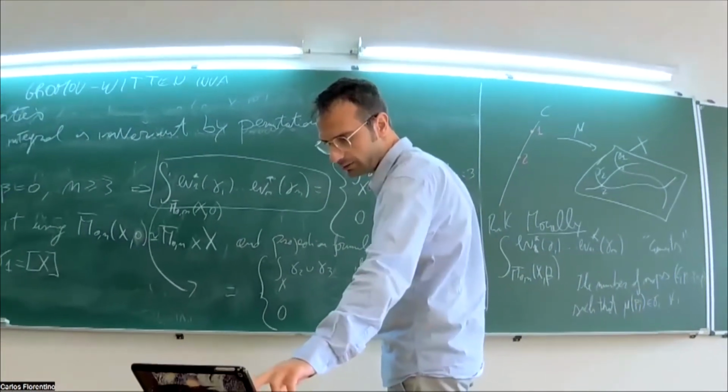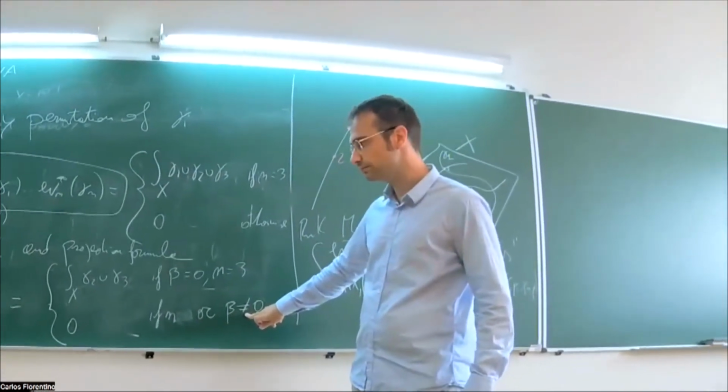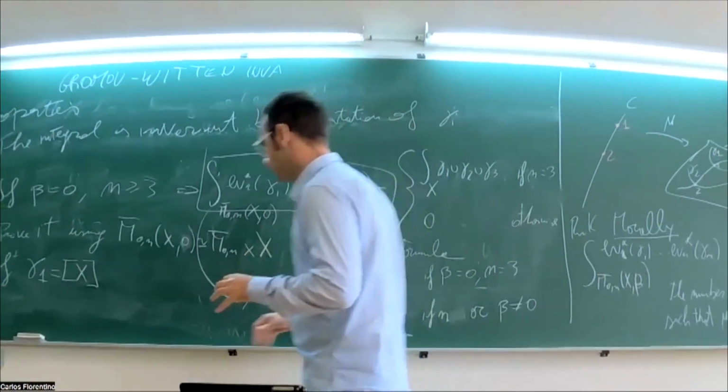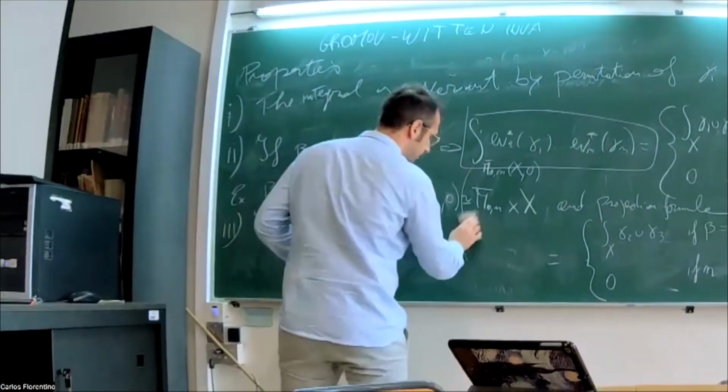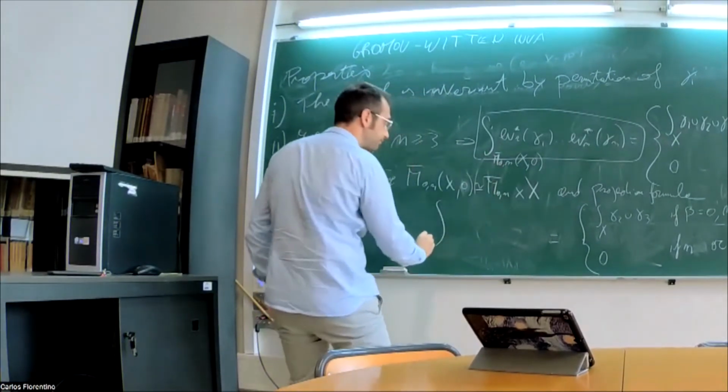No, it's not 3. It's not 3 because beta can be nonzero. Okay, sorry.